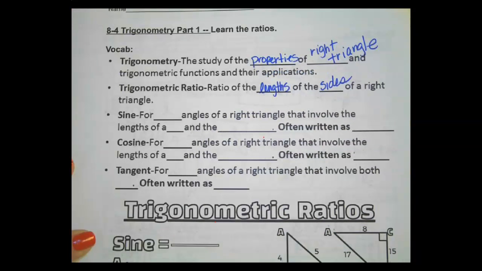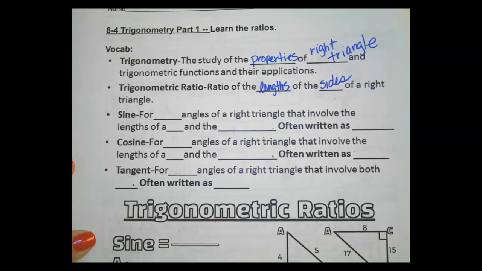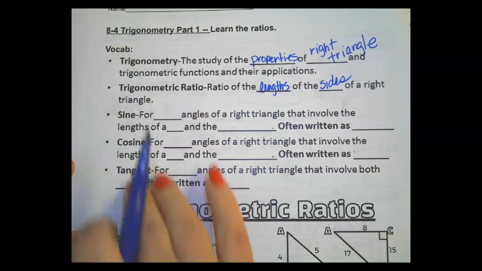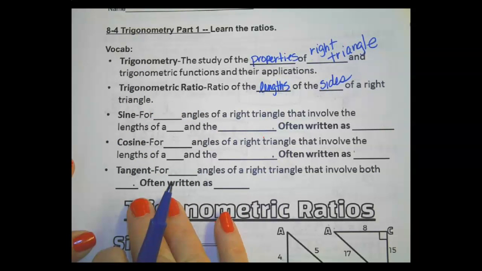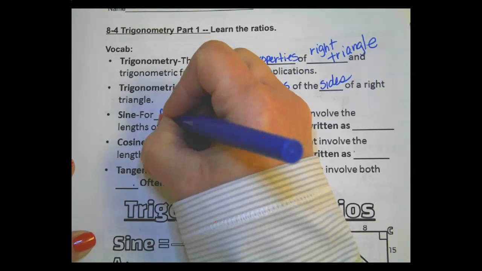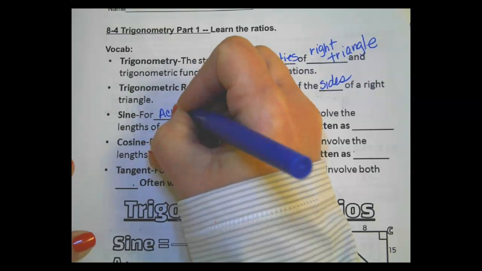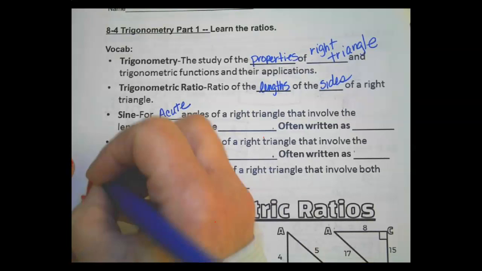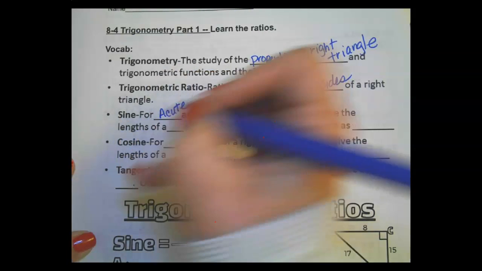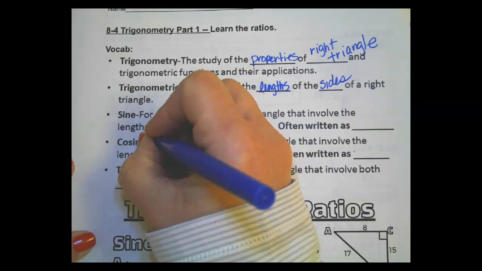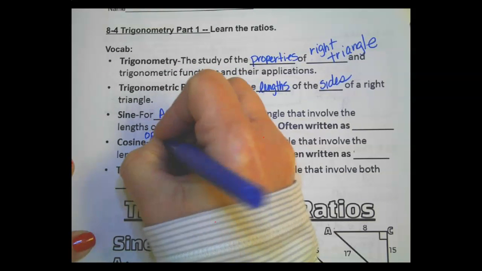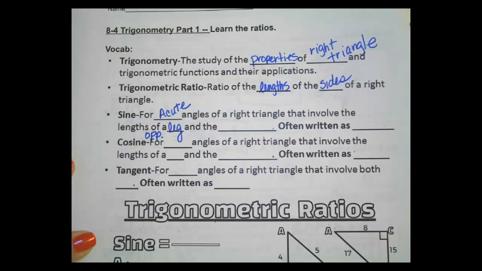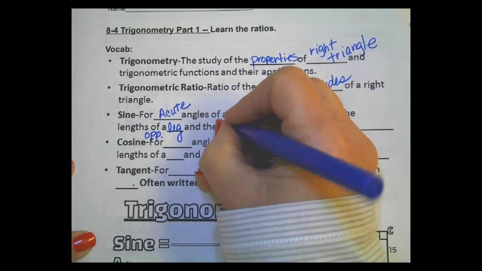What they have found is that for right triangles, these ratios occur. The sine for the smaller acute angles, not the right angle, of a right triangle involves the lengths of your opposite leg, this will make more sense in a minute, and the hypotenuse.